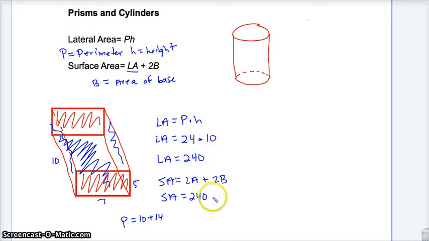Now, the area of my base we can find by multiplying 5 times 7, which is 35. I will add 2 of those to my surface area. So my surface area equals 240 plus 70, which is equal to 310, and this is going to be units squared.